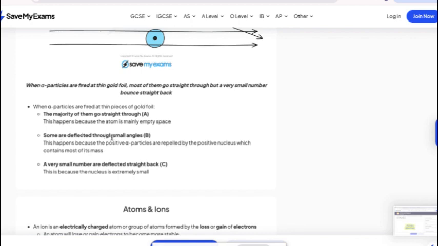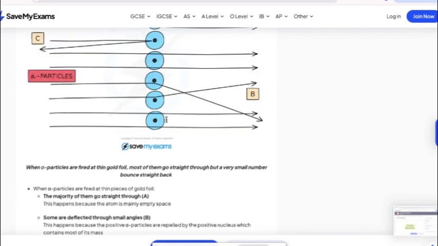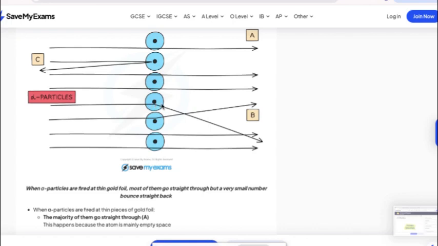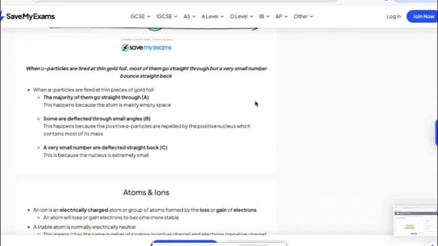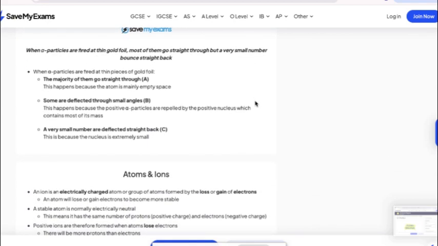Now, some are deflected through a small angle, like these ones. The ones fired very close to the nucleus are deflected through a small angle. So here was their conclusion: this happened because the positive alpha particles are repelled by the positive nucleus.